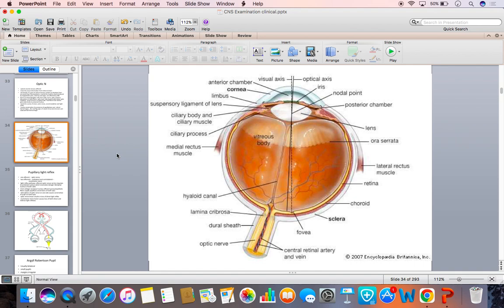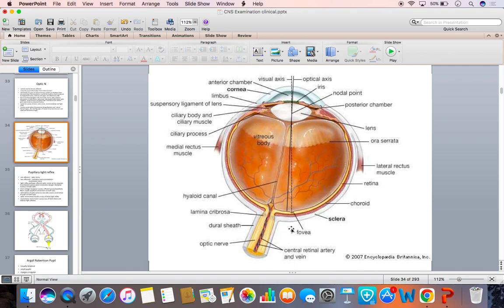Then you see anteriorly the cornea, then you have the ciliary body and ciliary muscles down there, and you have the anterior chamber and the lens, and the vitreous body here in the posterior segment. You have the hyaloid canal, and you have the retinal vessels, the retinal artery and the vein.